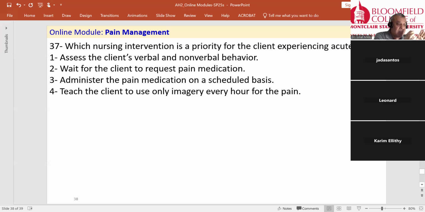Alternative therapies like imagery or other non-pharmacological interventions are used in combination with medications, but they should never replace medications.